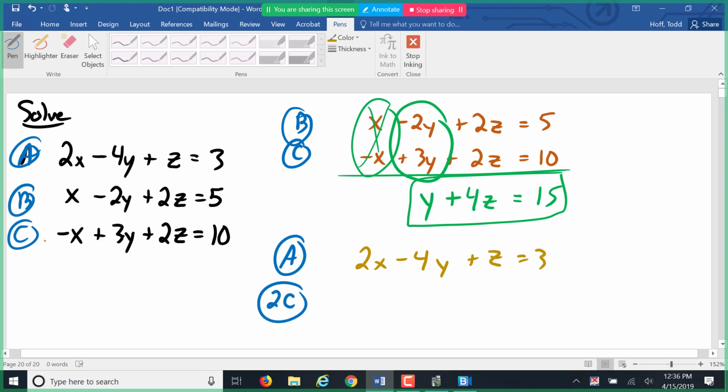The reason I'm doing 2 times equation C is so that it'll cancel out the x. Since we canceled out the x up here, we have to cancel it out in these two down here. So 2 times equation C gives me a negative 2x plus 6y. 2 times 2z is plus 4z equals, and we got to remember 2 times 10, which is 20.